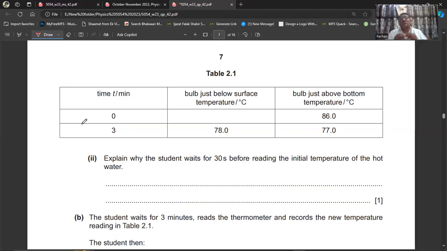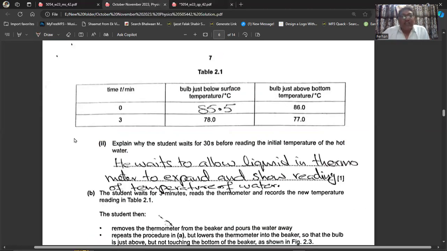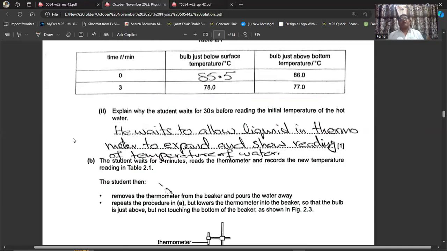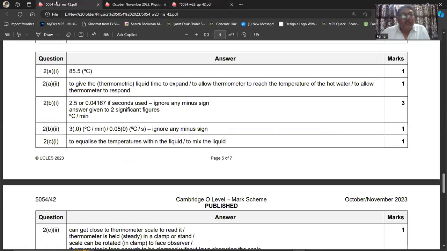That thermometer can show the temperature which it is recording. So that is the reason why we wait for 30 seconds. It says he waits to allow liquid in the thermometer to expand and show the reading of the temperature of the hot water. Yeah. So you can read this marking scheme here also.